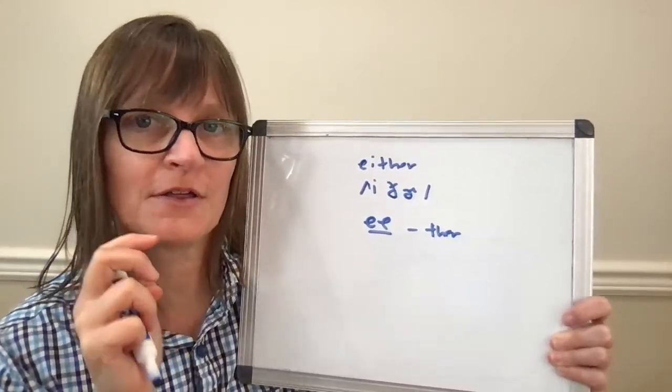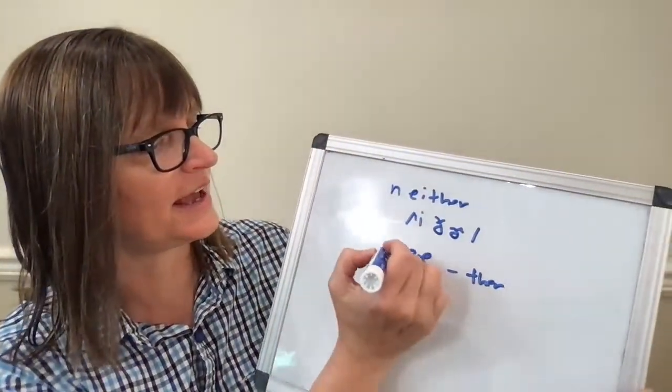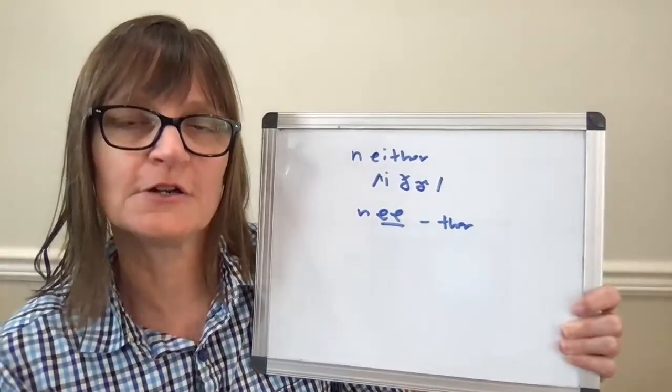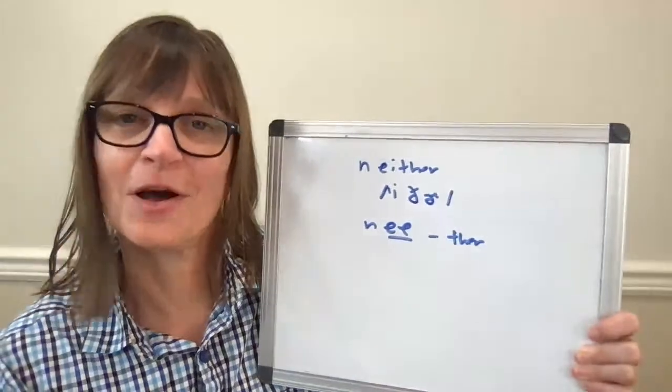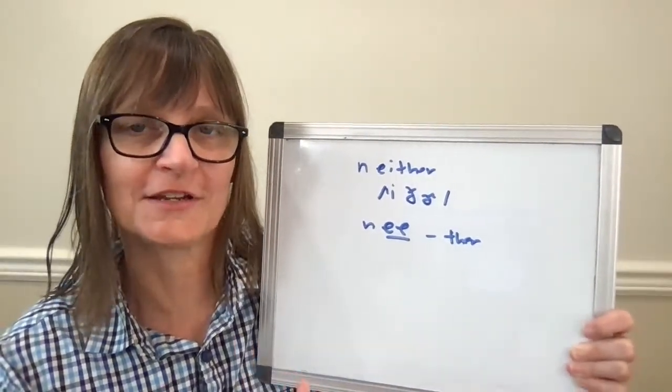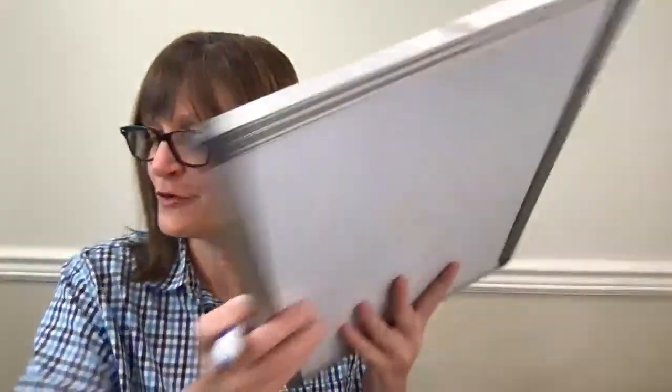So there, either. And then if I make neither, I just add an N sound. There, neither. If I have time, I'll come back and cover laboratory and executive for you. Otherwise, I suggest checking back after class, and I'll put the links for those videos for you in the comments so you can get a more detailed explanation for both of those requests.